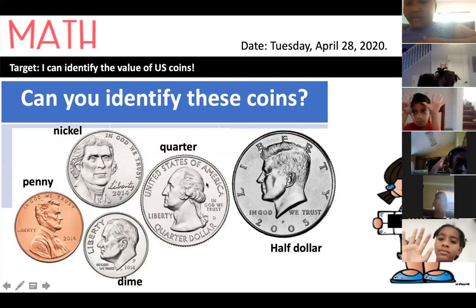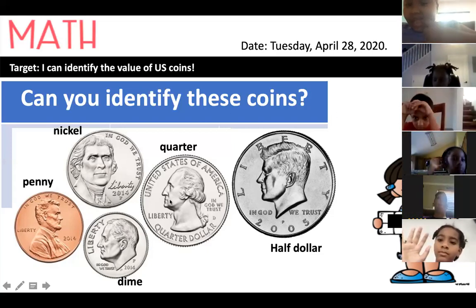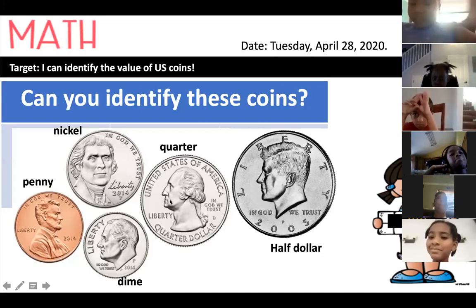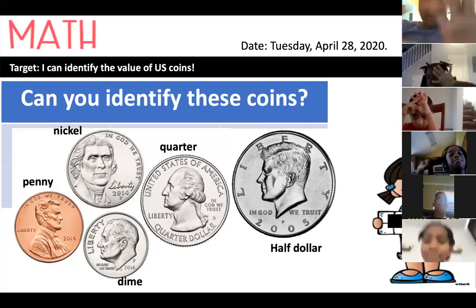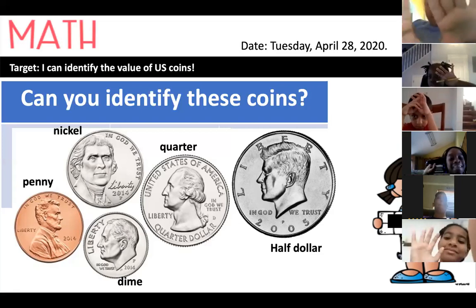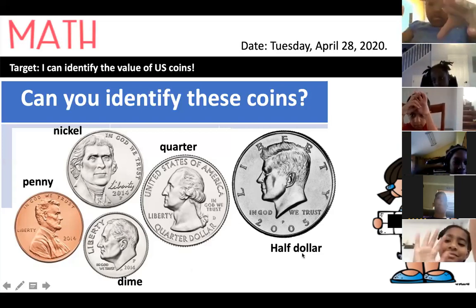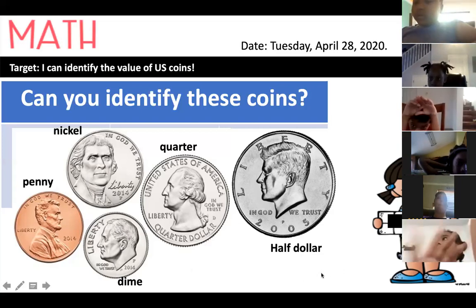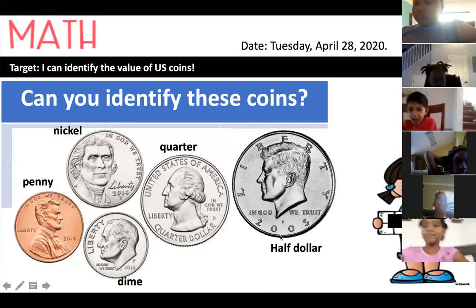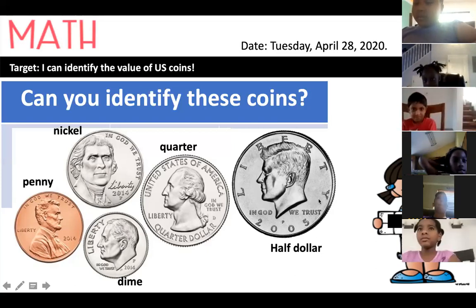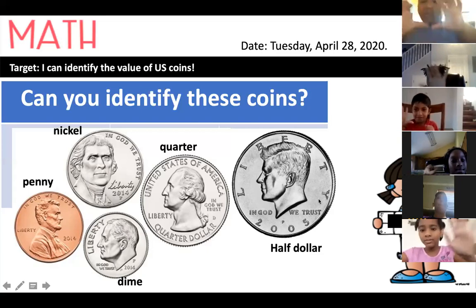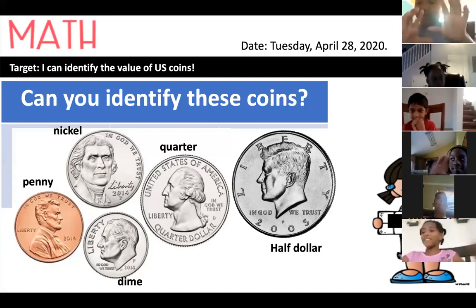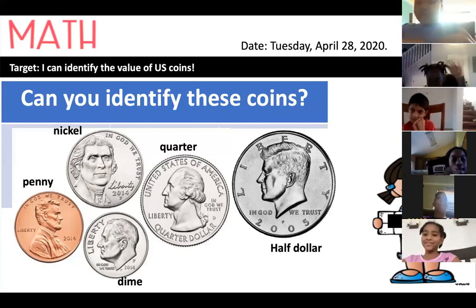Good. What's the value of a quarter? Good, which we're showing with our hands, Tyler. And what's the value of a half dollar? Show with your hands. Good job, guys.